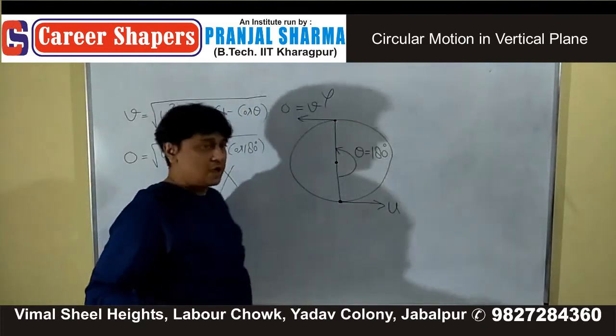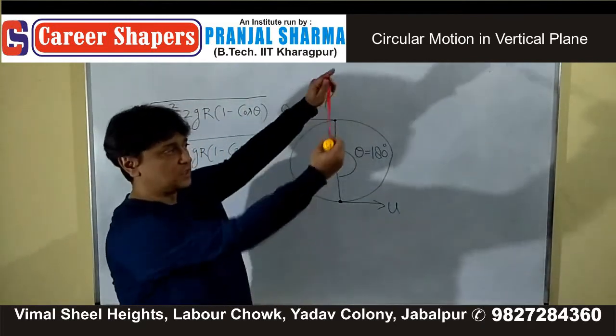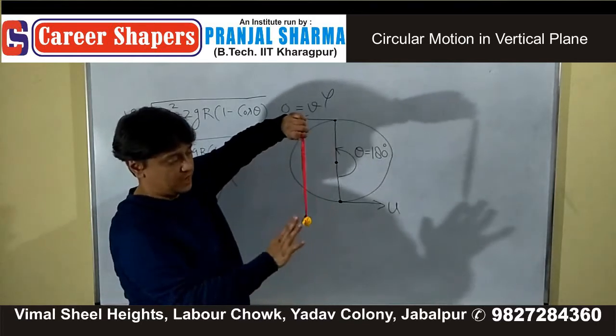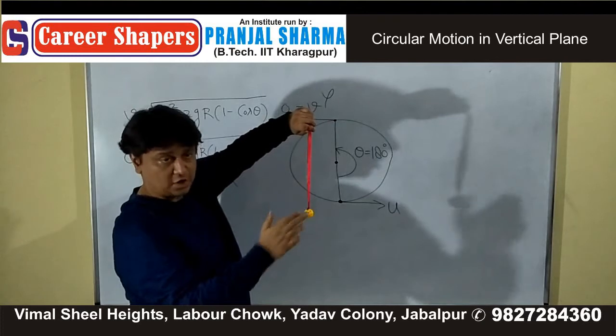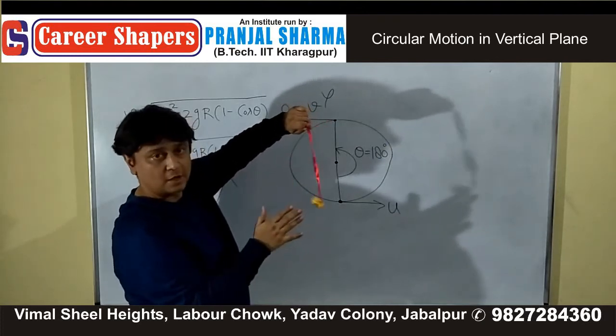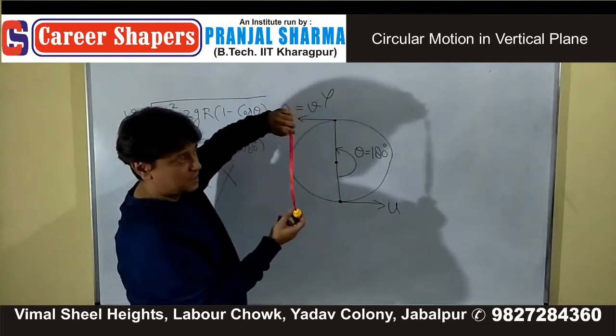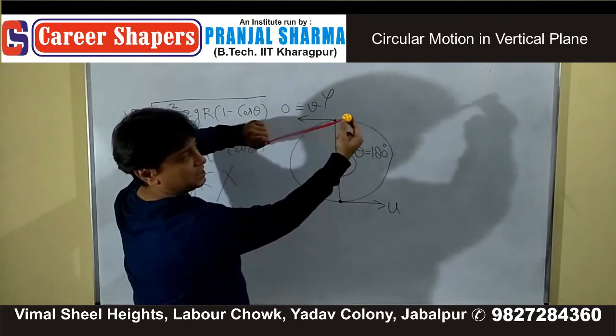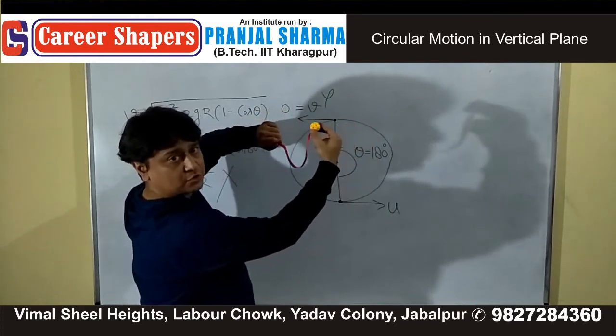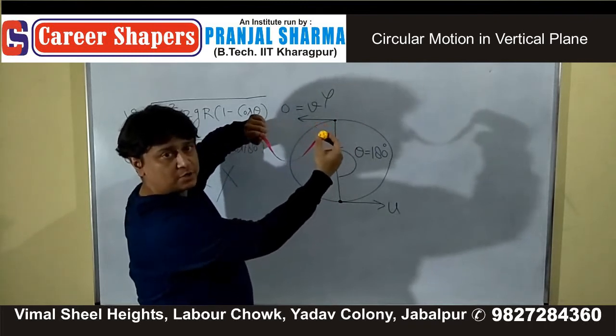When an object moves in a vertical circle, then look at the circular motion. Could you see that beyond this position, this thread lost tension force, but it never stopped.